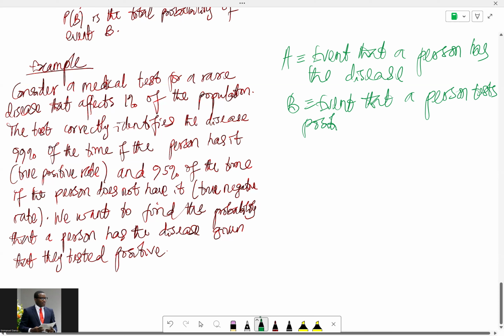So there are two different things. Someone can have the disease and test positive. Someone can have the disease and not test positive.